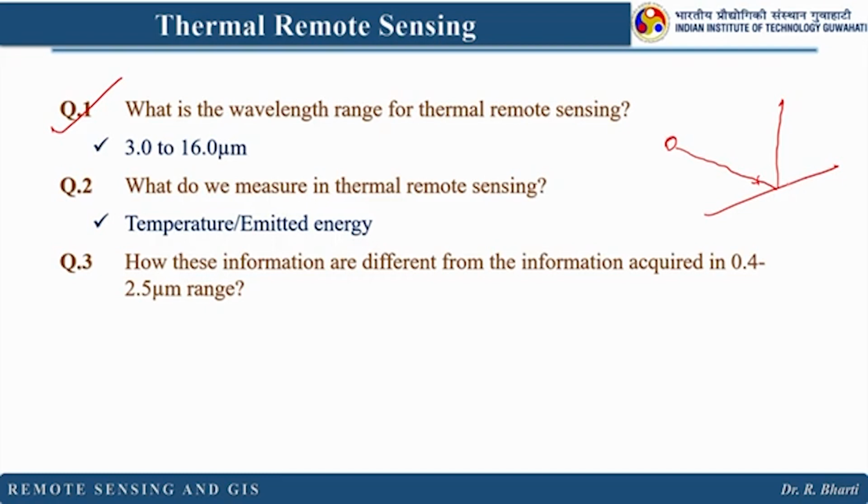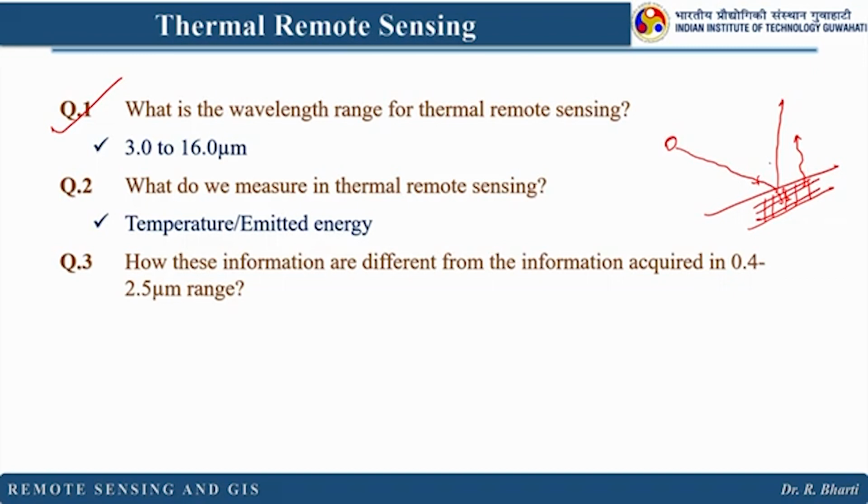But when the material absorbs some amount of energy, the absorbed energy is stored in the object. So basically this is a volumetric property. Depending upon the object composition, the amount of energy will be stored and later on it will be released. The released energy is known as emitted energy.